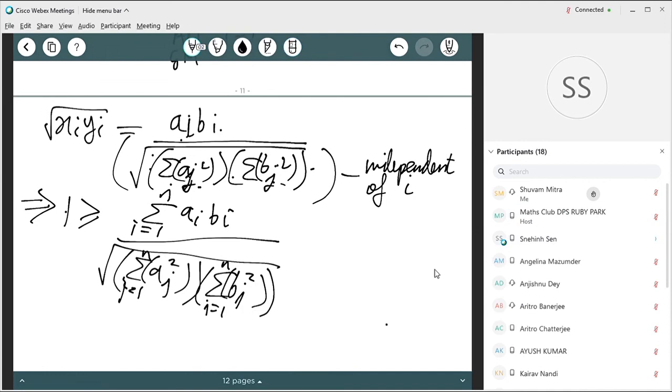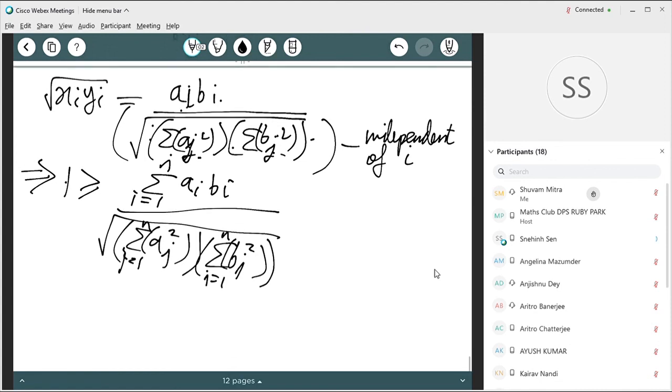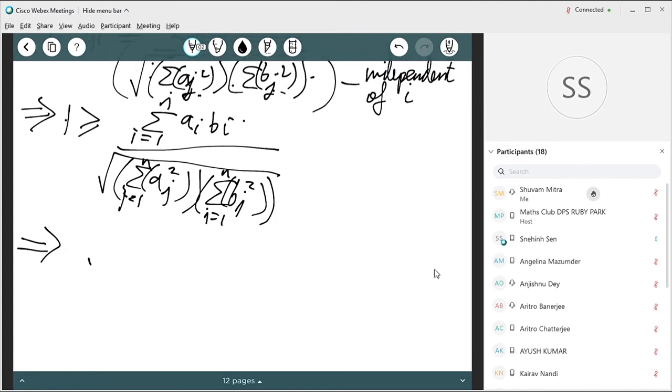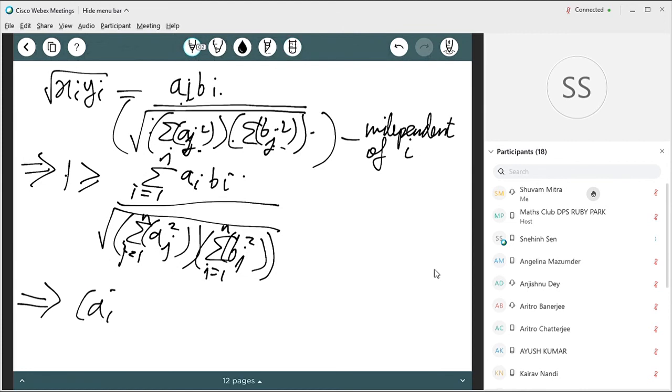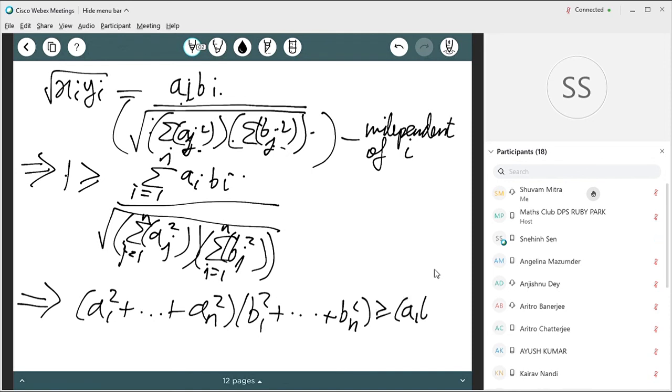And you can take a square, and this is simply, I'll write it as a1 square plus dot dot dot plus an square, times b1 square plus dot dot dot plus bn square, is greater than or equal to a1 b1 plus dot dot dot an bn, whole square.